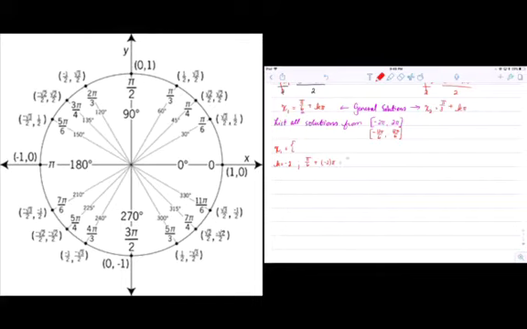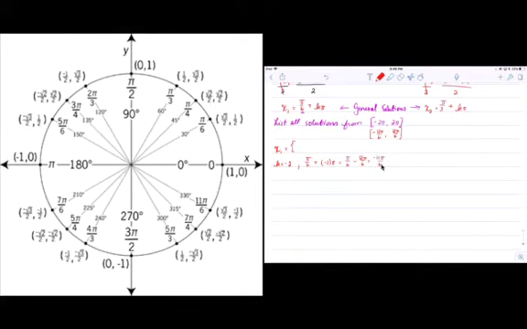Plus times minus is minus, and 2 pi is 12 pi over 6, so this gives us negative 13 pi over 6. No, I'm sorry, negative 11 pi over 6.